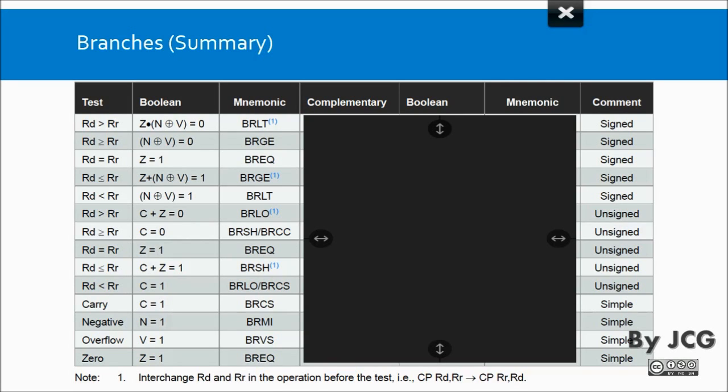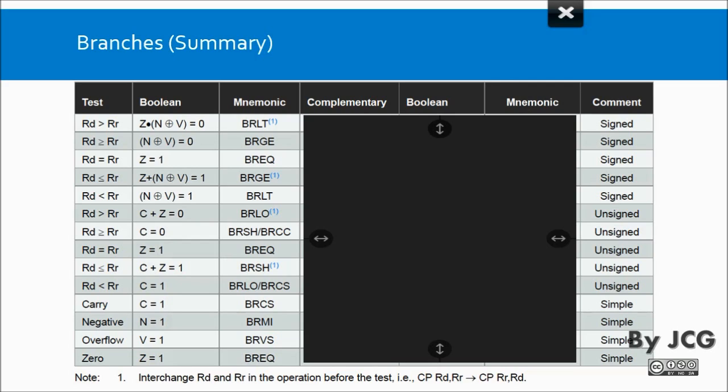You're going to see that you have a lot of ways to perform comparisons, and if you want to make comparisons, all you have to do is first take a close look at the test column, and if you have the available comparison, then you can use the mnemonic, which is the third column.